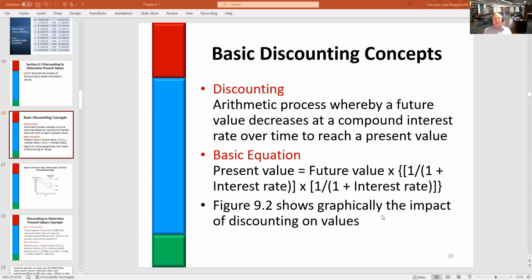So what's the basic equation for present value? You take the future value and multiply it by 1 divided by 1 plus whatever the interest rate is that you are working with. If you're doing it for multiple periods, you multiply it by an additional 1 divided by 1 plus the interest rate.